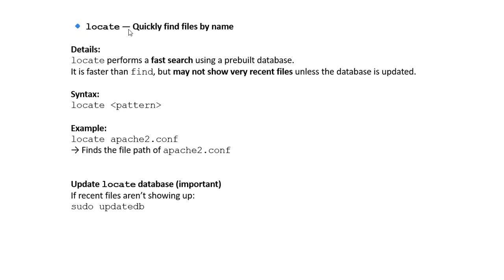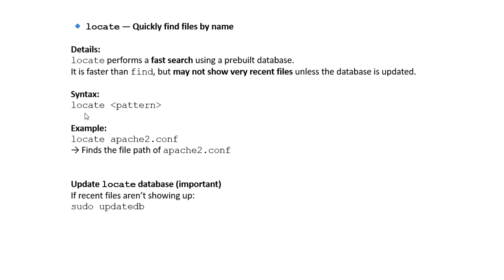Another command is locate, which quickly finds the files by name. Locate performs a fast search using the pre-built database, and it is faster than find but may not show very recent files unless the database is updated.